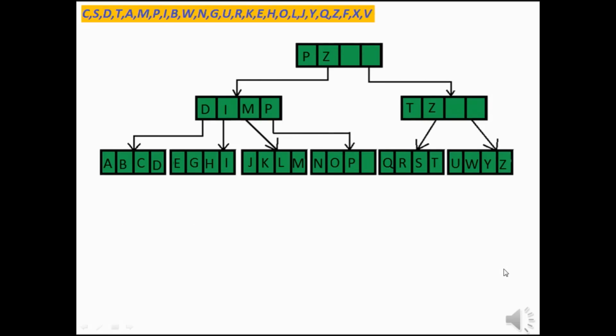Now step 16, insertion of F. This is a crucial step, so I'll be repeating the algorithm again and again. First go to the parent node. There F is less than P, right? So we'll go to the child node pointed by P. Now we come to the DIMP node at level 1, right? There we find that F is greater than D, right?